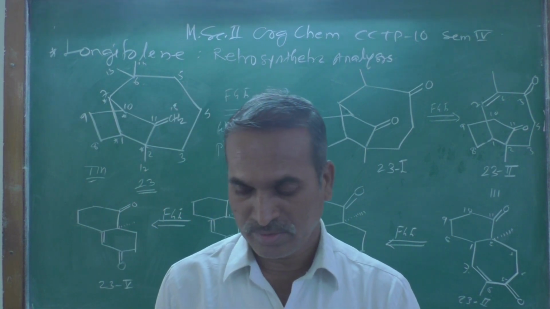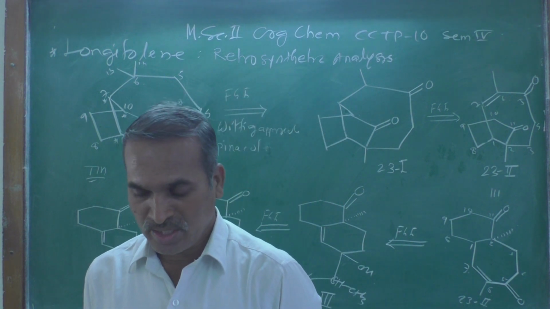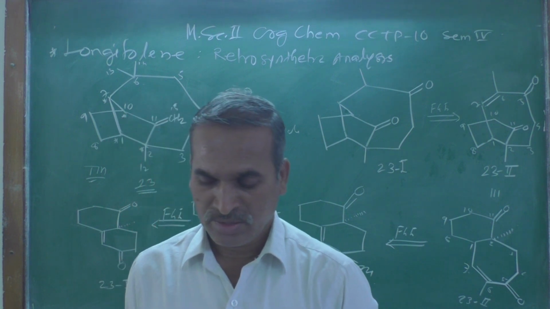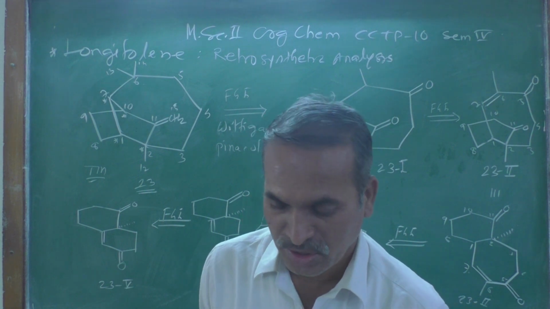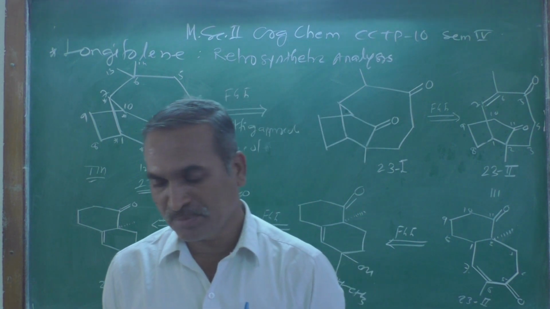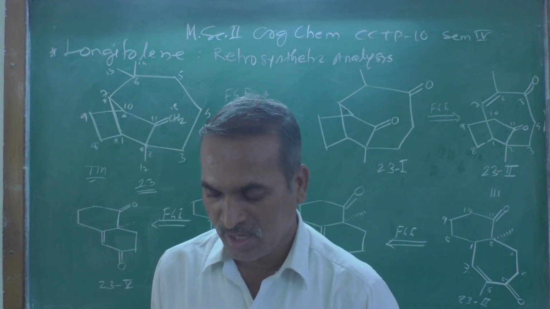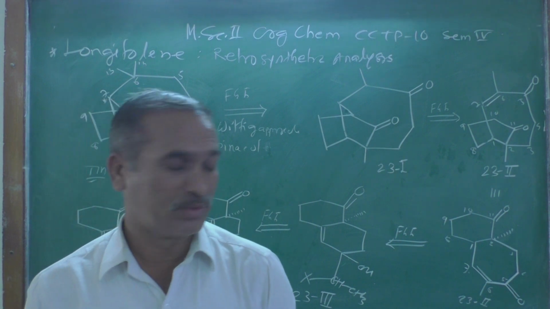This compound 23.5 is known as the Wieland-Miescher ketone and can be obtained by Robinson annulation of 2-methylcyclohexane-1,3-dione.